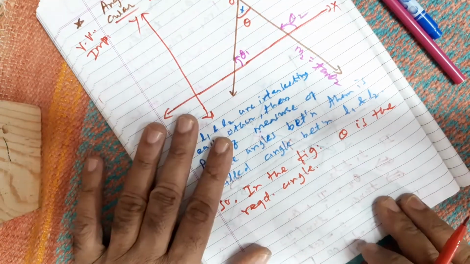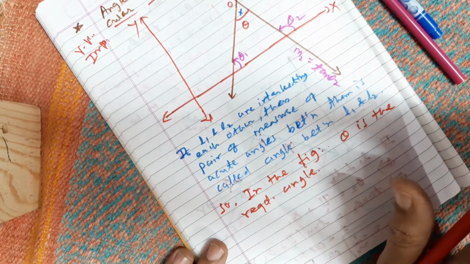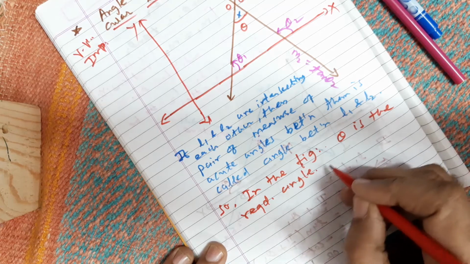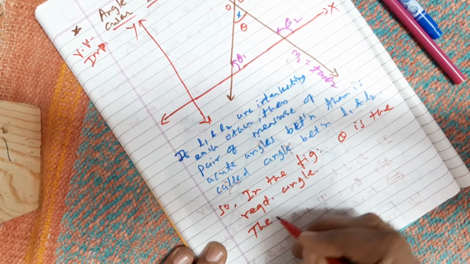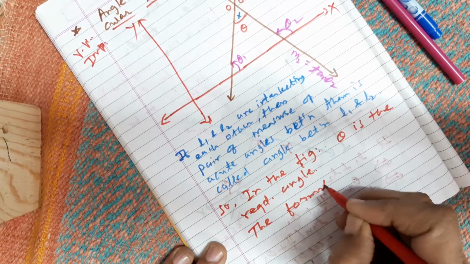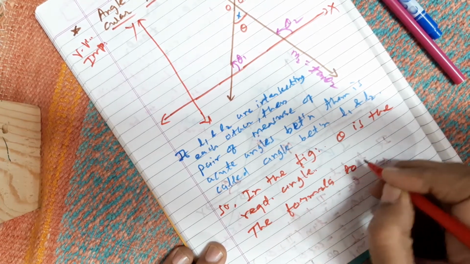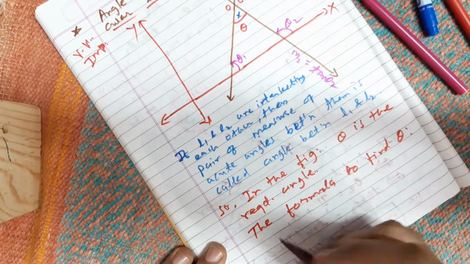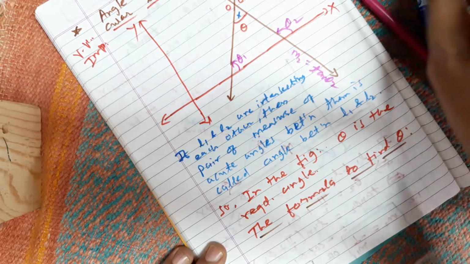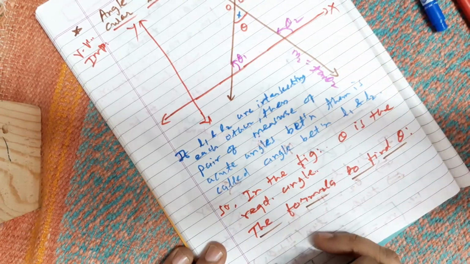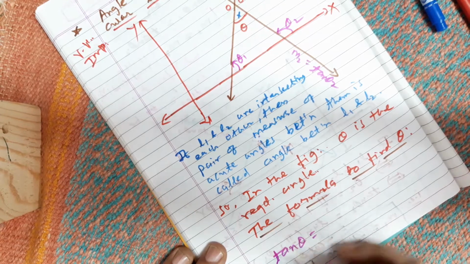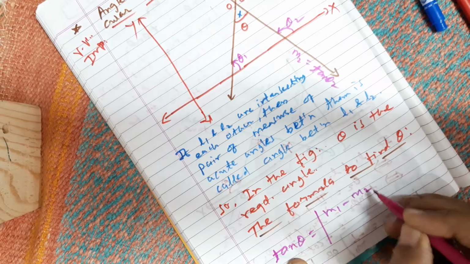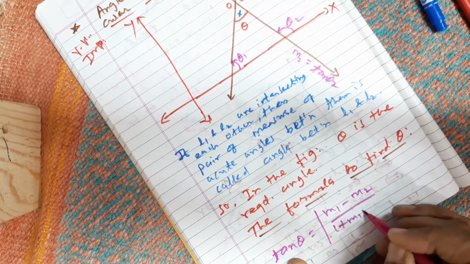Earlier we used to ask this as a theory, but now you have to just remember the formula. So what is the formula to find theta? The formula goes like this: tan theta is equal to m1 minus m2 upon 1 plus m1 into m2.